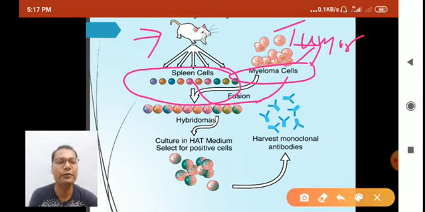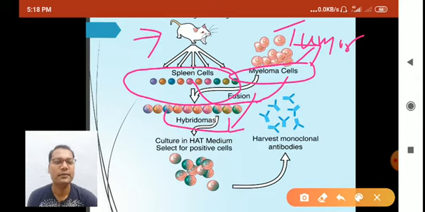So when we fuse tumor cells with the spleen cells of the mouse, we get hybrid cells, also called hybridoma.